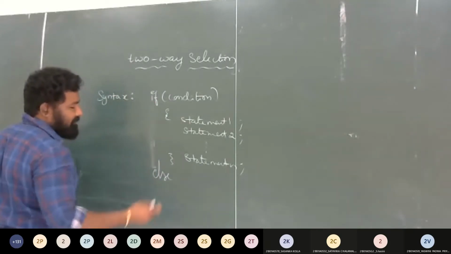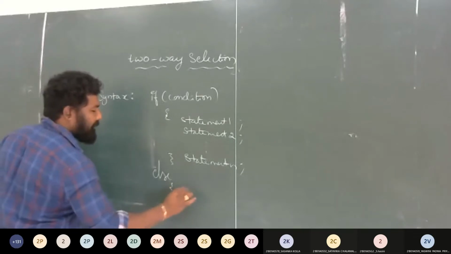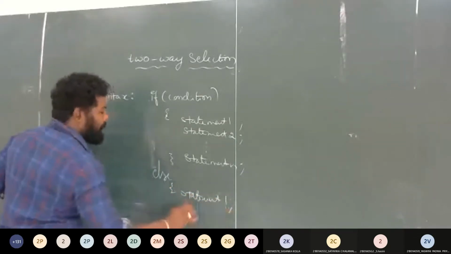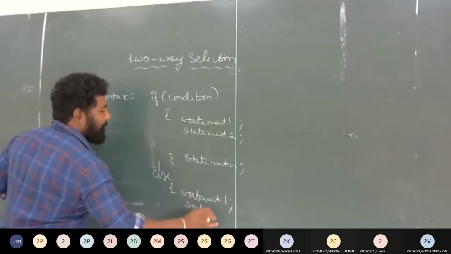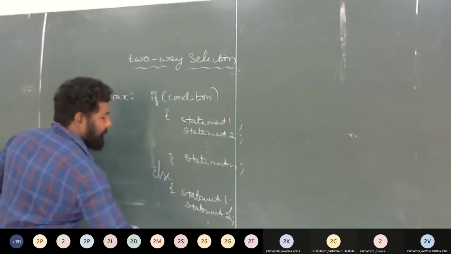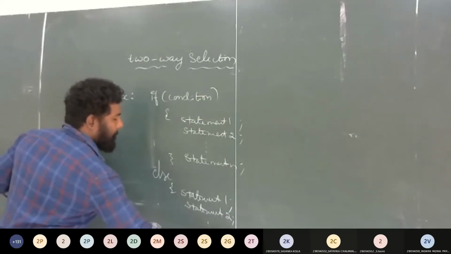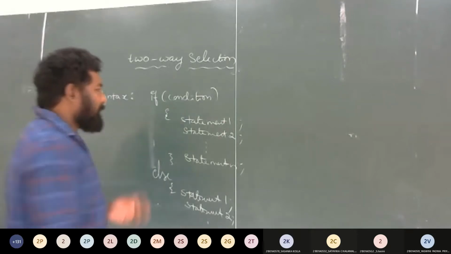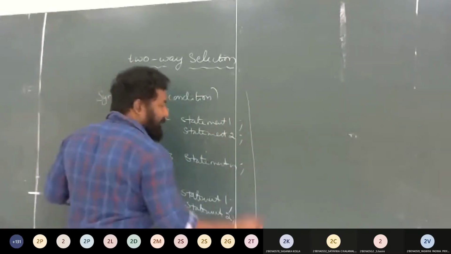Okay, so for this else also you start the block here, then write the statements here: statement 1, statement 2, then statement n. So this is the syntax. Okay, so we'll write an example for this.